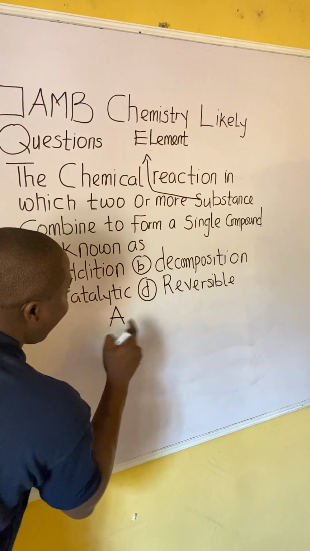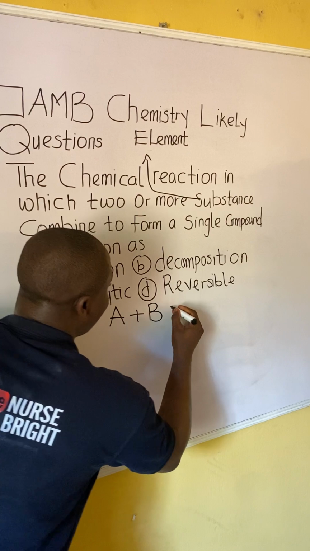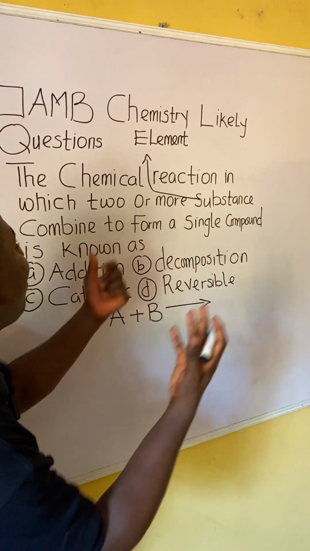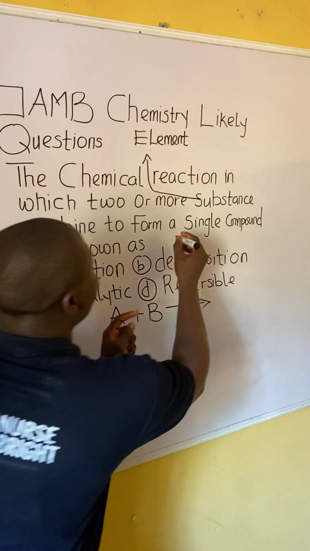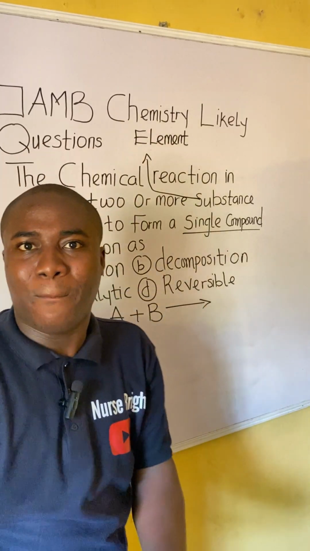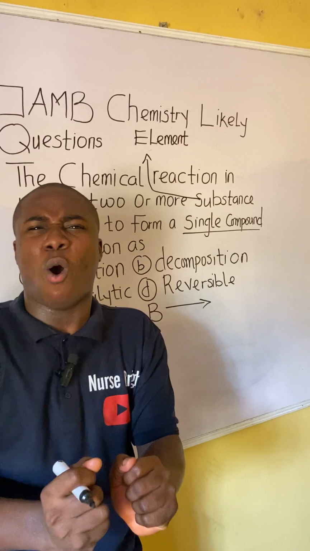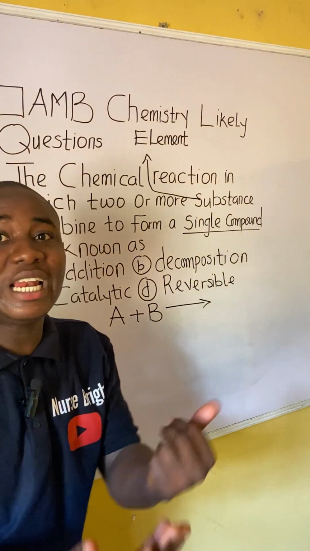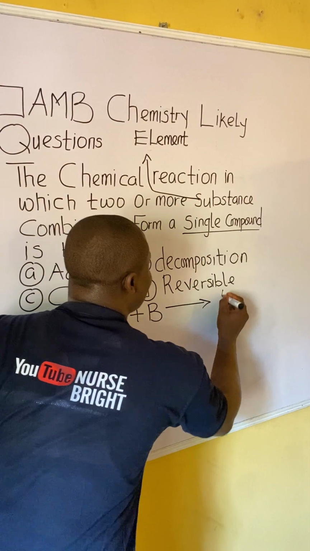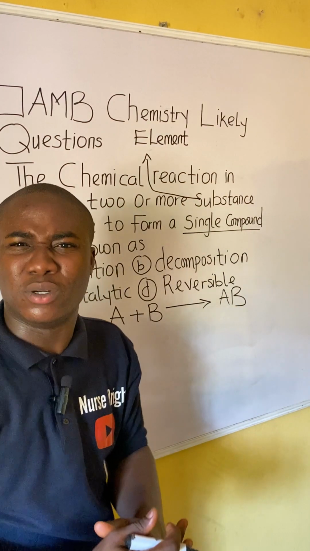So let's say A reacted with element B. And now, they said when both of them come together, they form a single compound. That means they form one compound. Our product formed is just one compound, a single compound. Then, most likely, we'll get something like AB. So AB is now the compound formed.